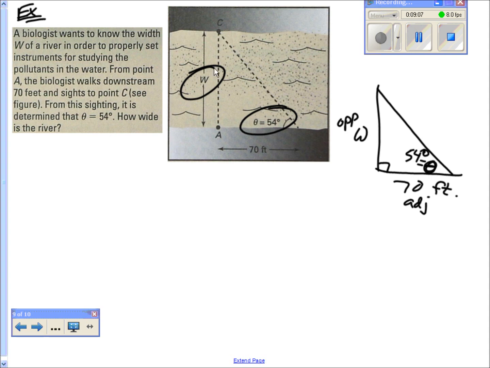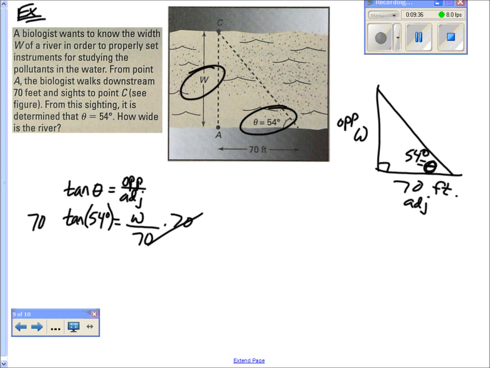So if you're thinking opposite over adjacent, which trig function are you going to use? I would use tangent. That makes things easier, instead of solving for the hypotenuse. Opposite side here is W, that's what I want. The adjacent side is 70 feet. I'm taking the tangent, my theta is 54 degrees. So I multiply 70 feet on both sides, 70 times this, and that's going to be my W, the width of the river in feet.